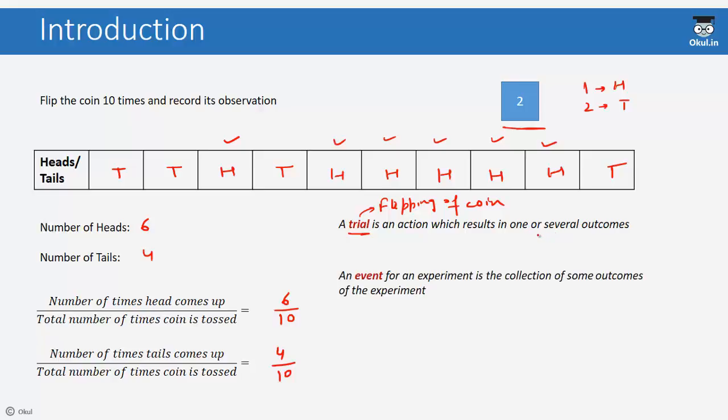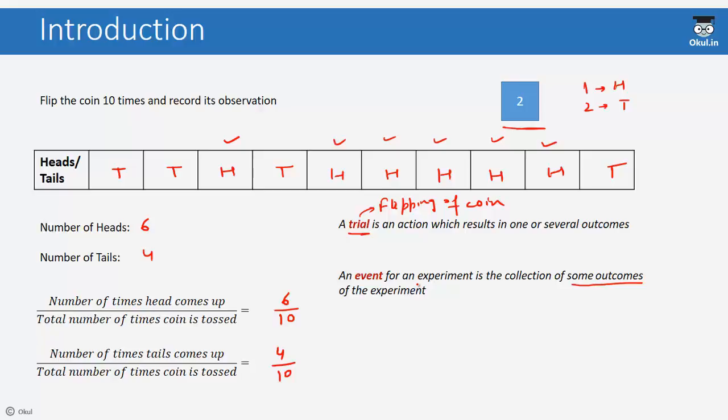And these outcomes are called as events. An event for an experiment is the collection of some outcomes of the experiment. That is, it is a collection of some outcomes. So if I am looking for heads, then coming up of heads will be considered as a favorable event. And if head does not comes up, then I will say that a particular event has not occurred.